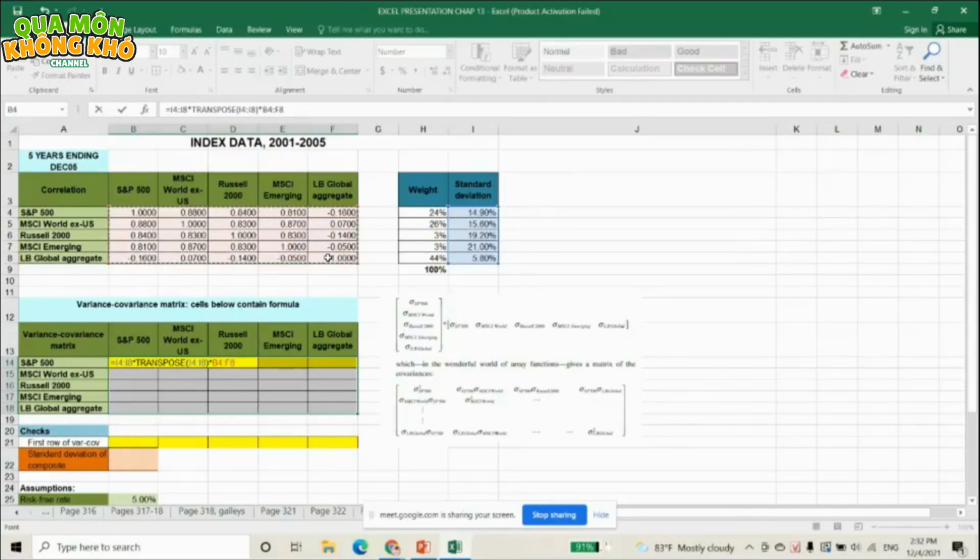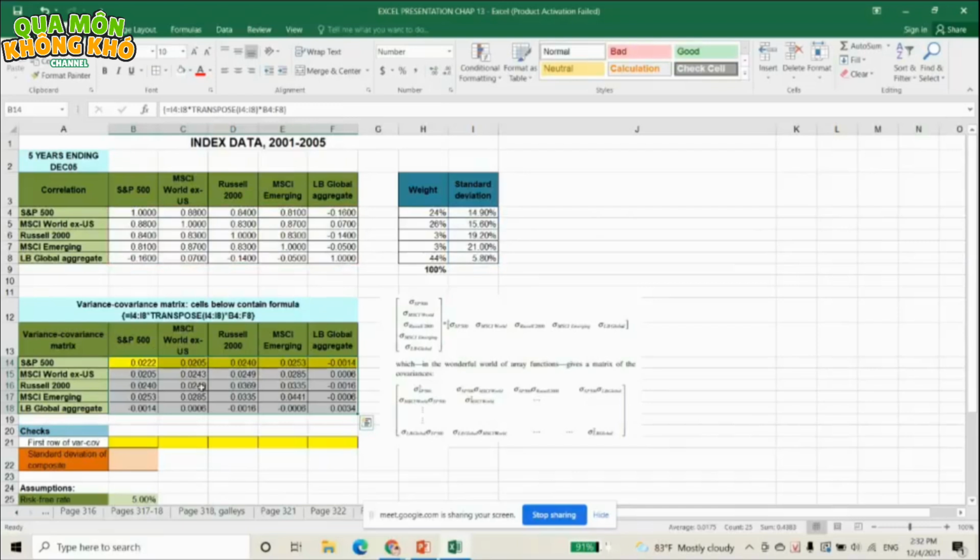Of course, the whole array formula ends with Control Shift Enter. This formula is composed of 2 parts.